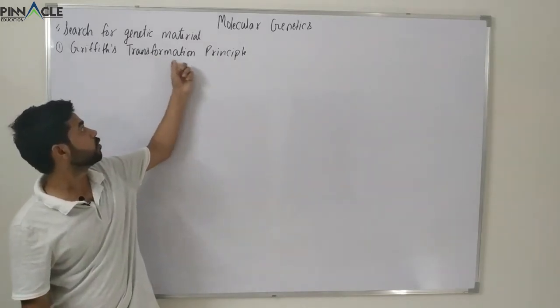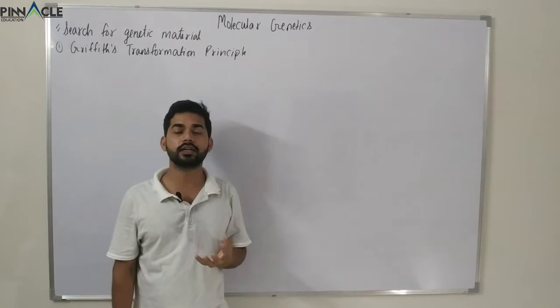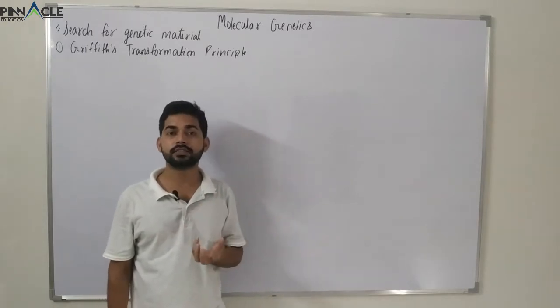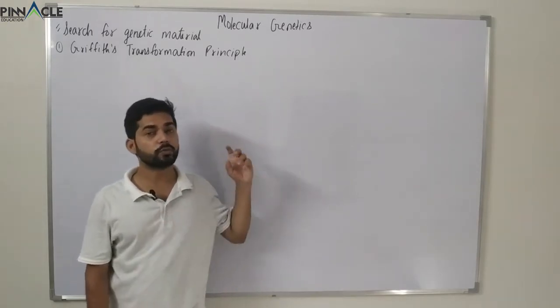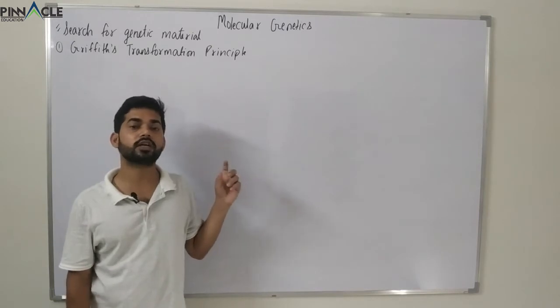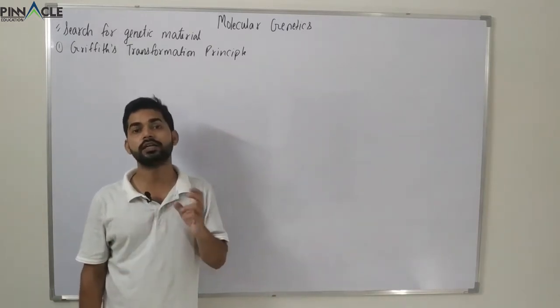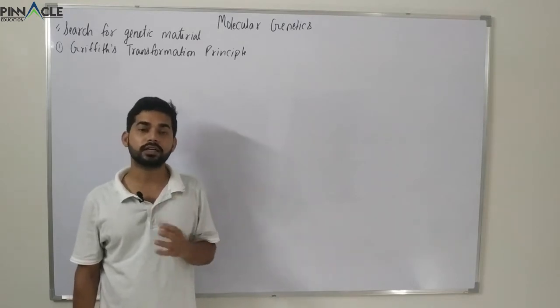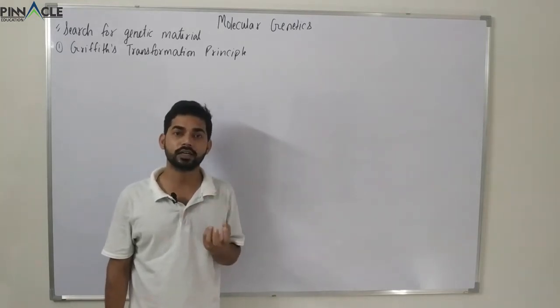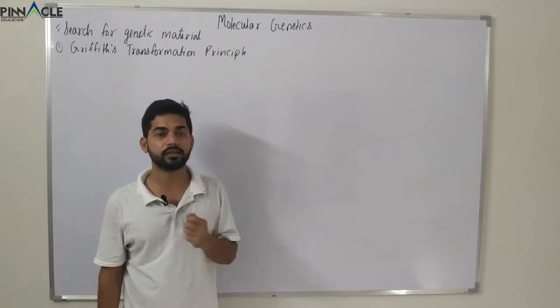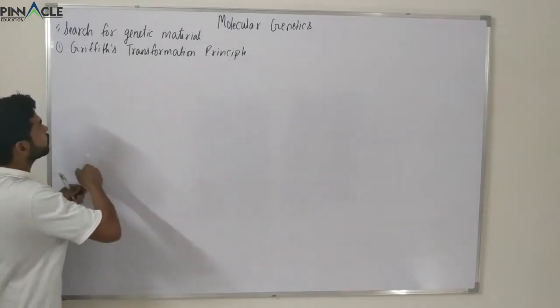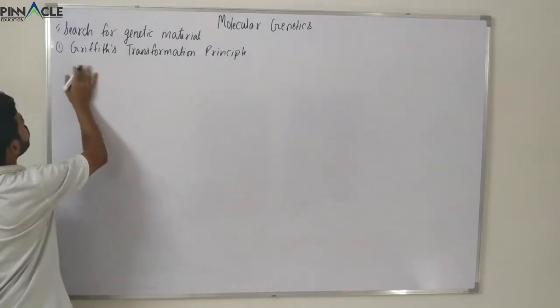Transformation is a process that occurs in bacteria by which they change their genetic constitution. Griffith used this phenomenon to get an indication about the biochemical nature of the genetic material, although he could not actually conclude it. We'll study his experiments, but before that we'll have to study what transformation is.